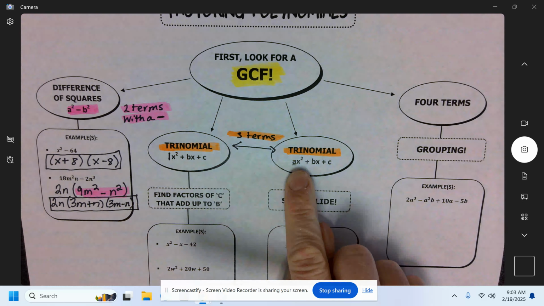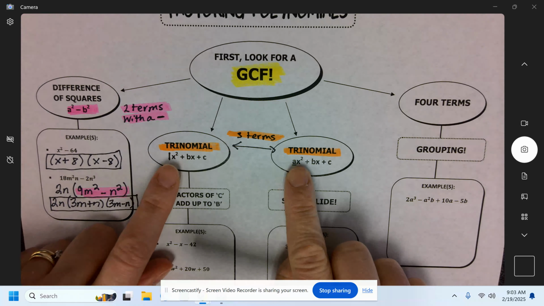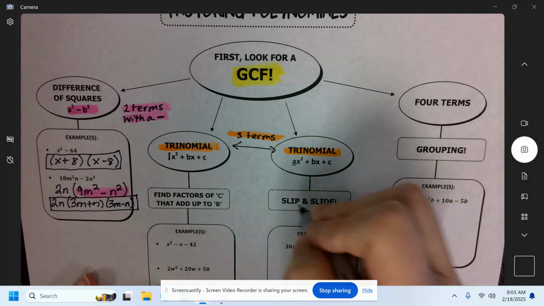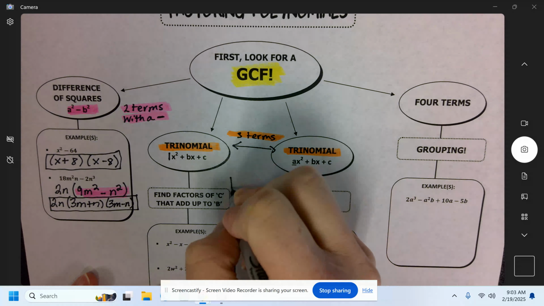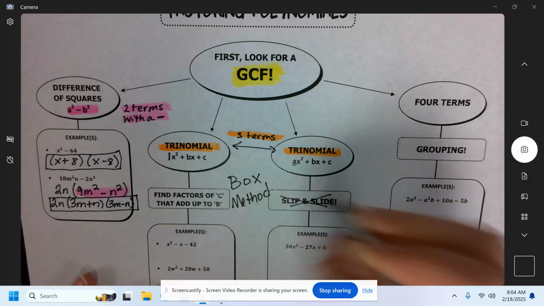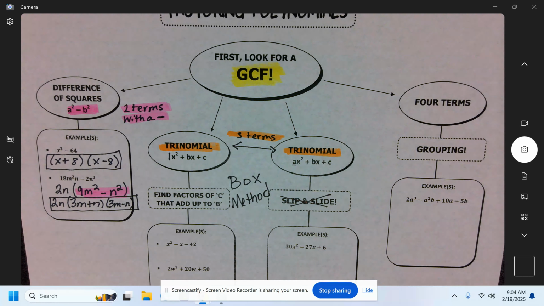And in the other case over here, it's something other than 1. It could be a positive number, it could be a negative number. But whichever case you have, you're going to use the same method. We're going to put box method. So we're going to use the box method.